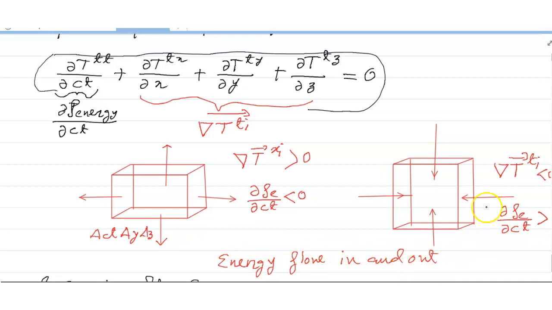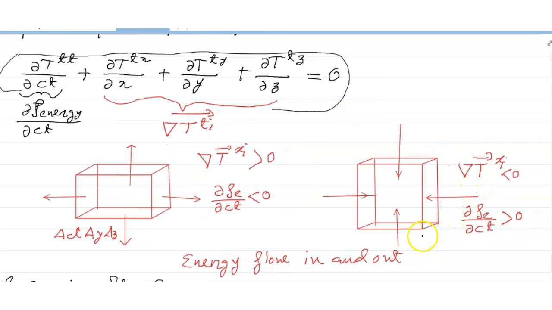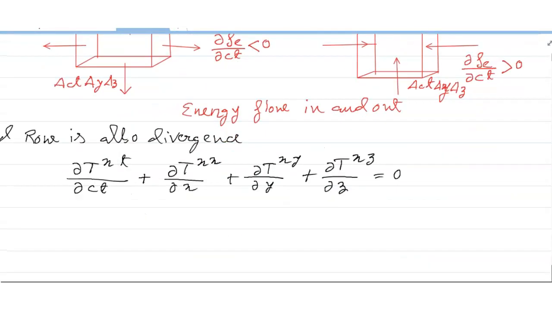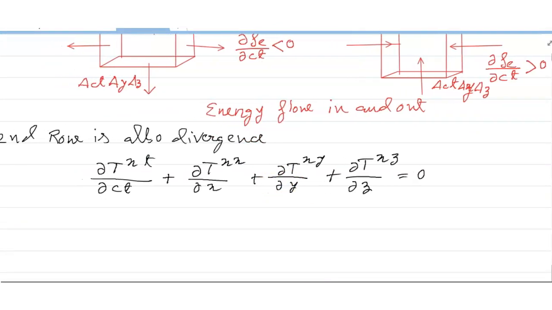And del T^{xi} less than 0, the box is del ct, del x, del y, del z. So friends, when energy is flowing out of the box, then energy density must decrease, and when energy is flowing into the box, energy density must increase. You will see the same fact in the case of the second row. So we get a continuity equation here.